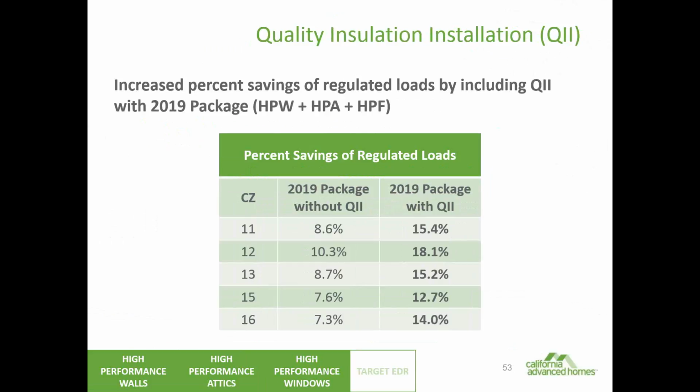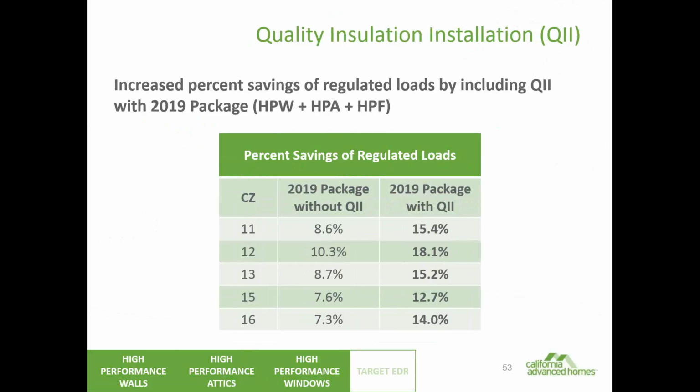But the other prescriptive path forward, the other option, is to make QII the prescriptive standard in the code. I've been working with QII for a long time, and I know it well, and I know the challenges in the marketplace. But QII seems to really scare a lot of people to make that the prescriptive standard.